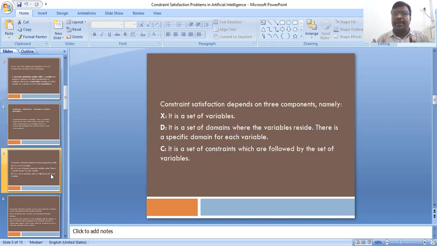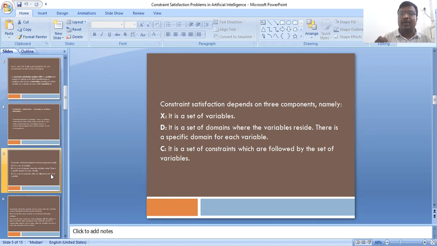Constraint satisfaction mainly depends on three components. What are the names? First one is X. That means it is a set of variables. D means it is a set of domains where the variables reside.